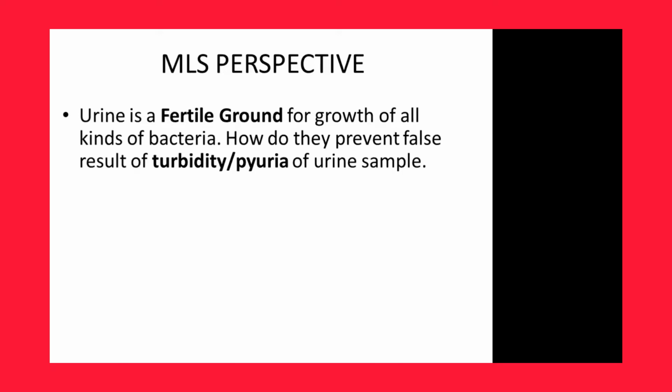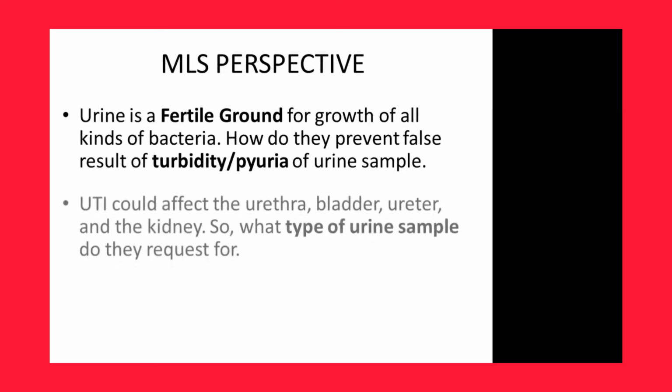So it is a serious situation. You bring your urine freshly voided, and it's the midstream urine that the lab will quickly act upon to stop the continuous growth of the bacteria.